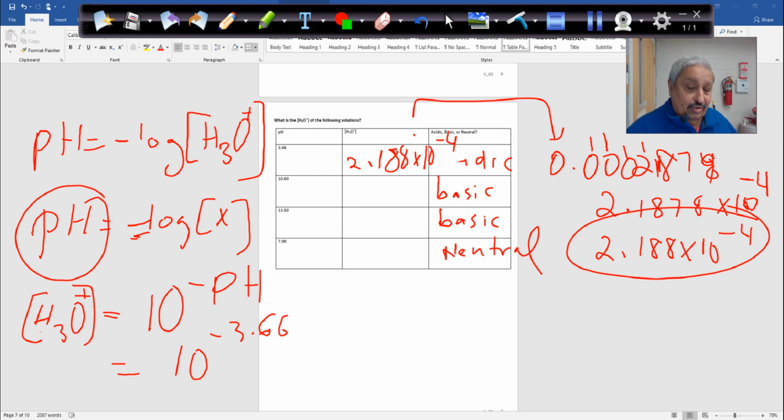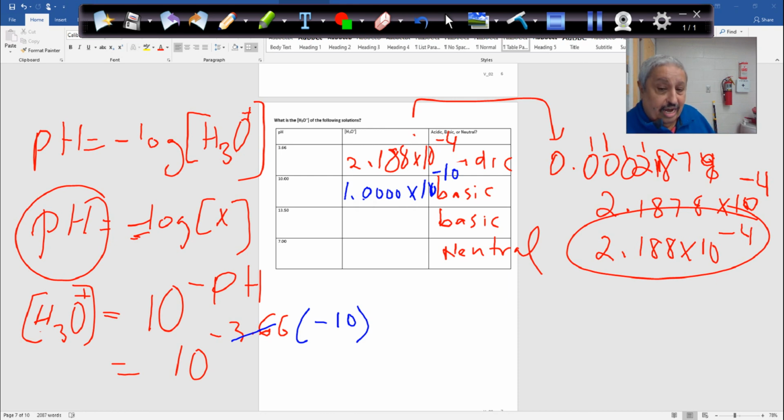Instead of this, it will be 10 to the minus 10. However, it is 1 there, but I will write 1.000 times 10 to the minus 10, because how many significant figures do I have? 10.00, that's 4. Because this is for significant figures, you have to satisfy the rule of the pH.